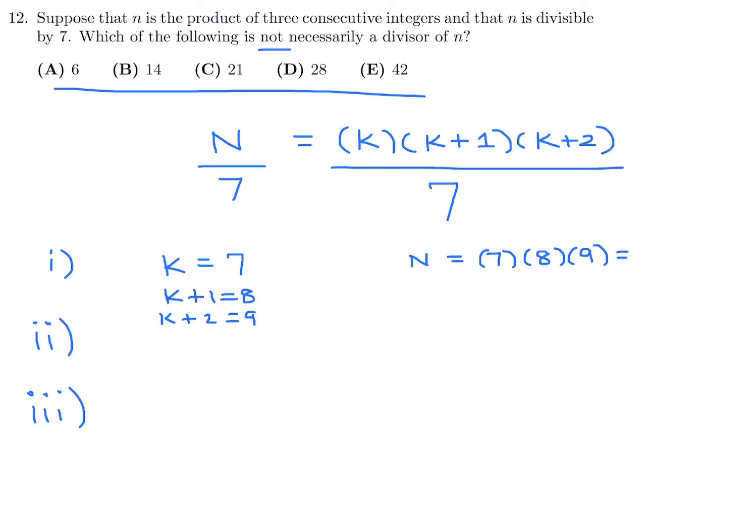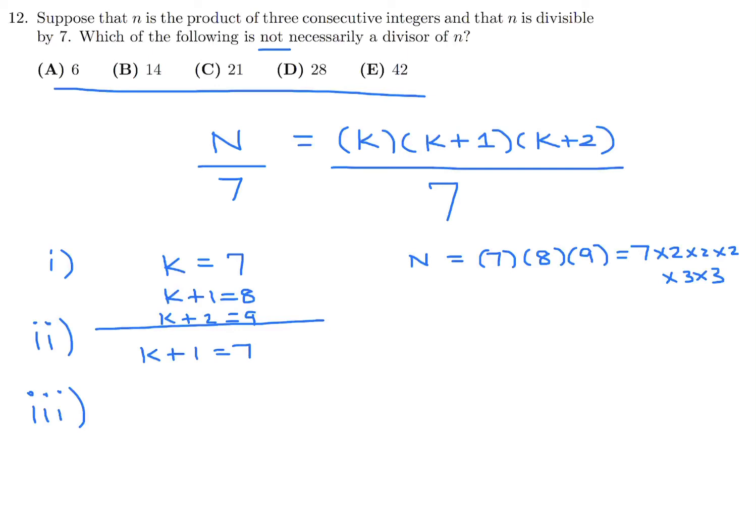And this, if you do the prime factorization, it's 7 times 2 times 2 times 2 times 3 times 3. Okay? So that's the first scenario. And we'll come back to this later, but first we have to create the prime factors. The second scenario is one where k plus 1 is 7.